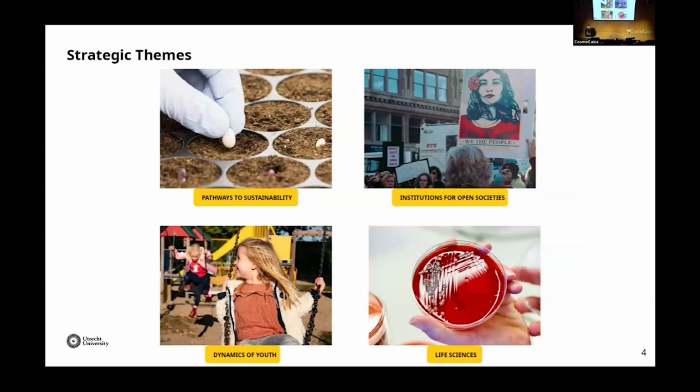So as Utrecht University, also known as UU, we focus on interdisciplinary research around these 4 strategic themes. And so whenever we are building research data management solutions, we make sure that we take into account the collaborative requirements of these 4 strategic themes.